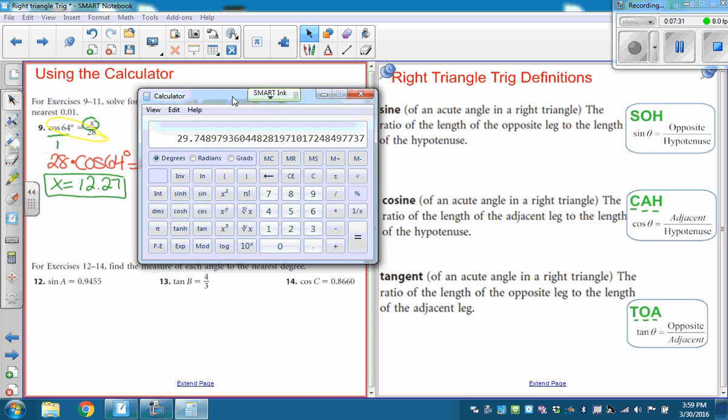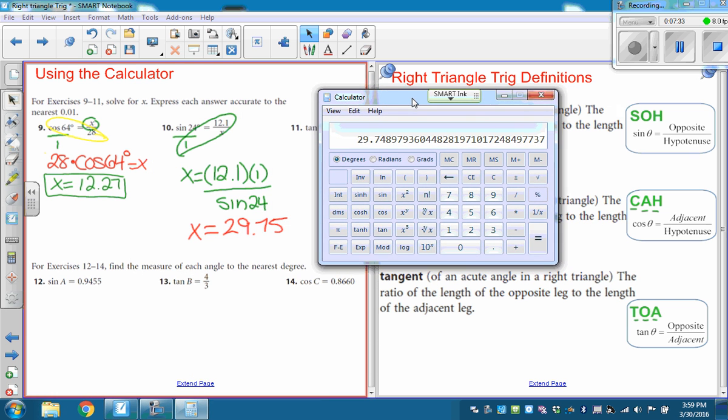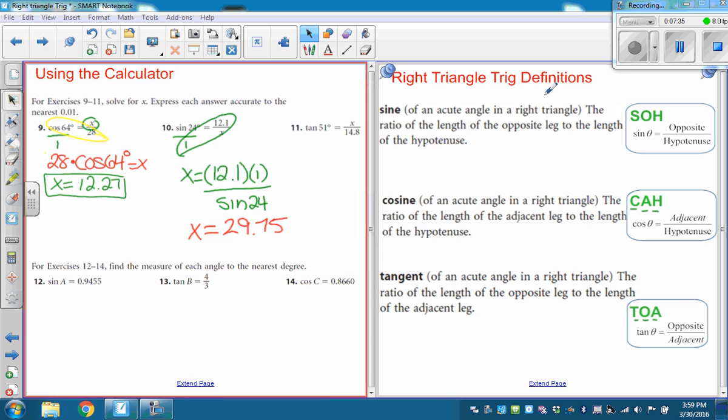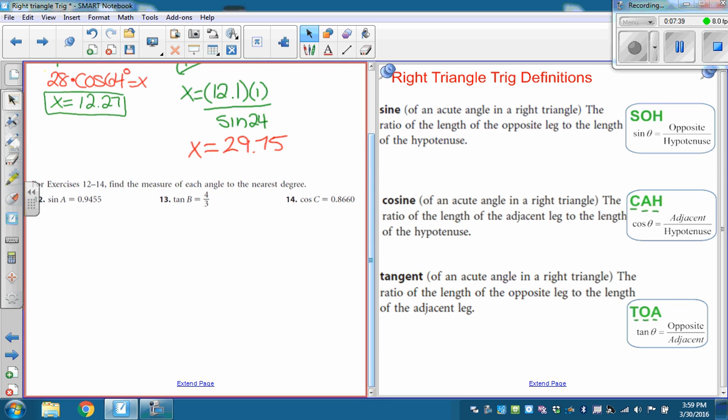The next problems down here are just calculator practice problems. If you have something like number 13, remember in class today we talked about using the inverse function.